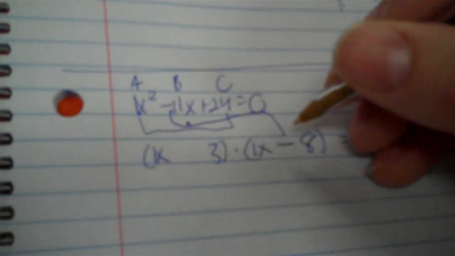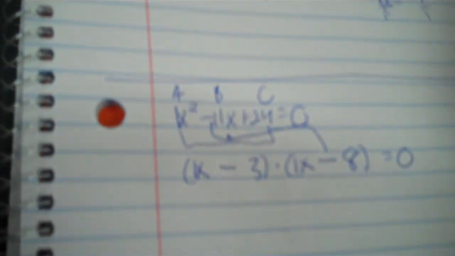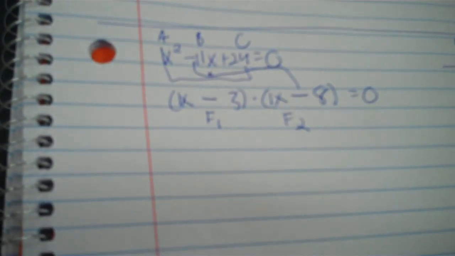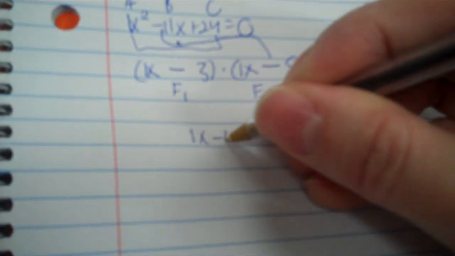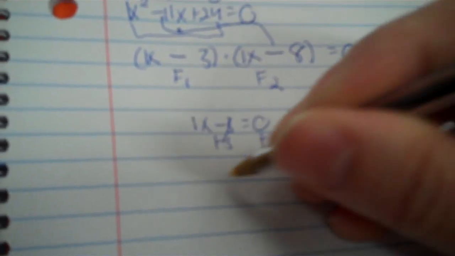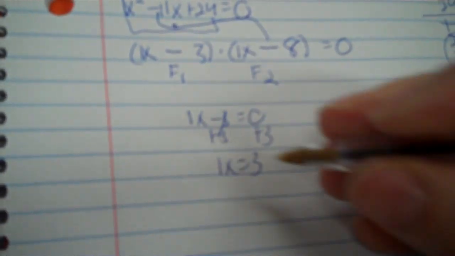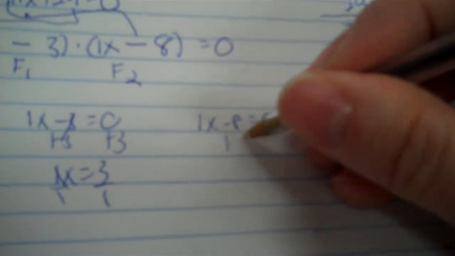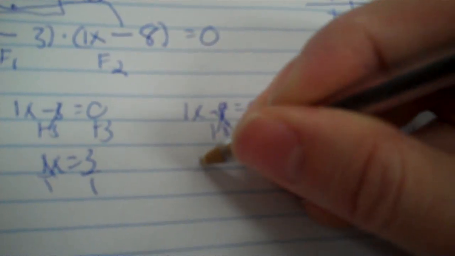So if I have minus here, I need minus there. Now I'm good. So 1x minus 3 equals 0, 1x minus 8 equals 0. So plus 3, 1x equals 3, divide by 1, I get 3. Plus 8, 1x equals 8, divided by 1 would still be 8. So 3 and 8.